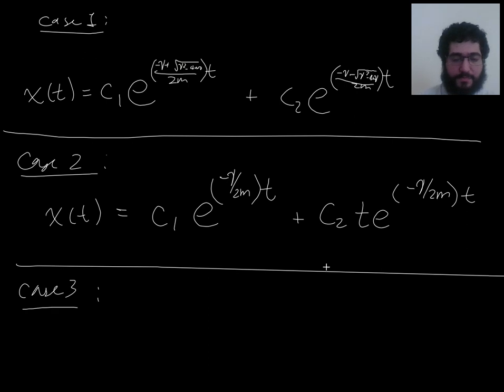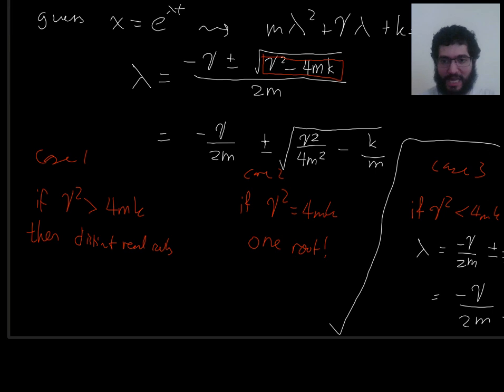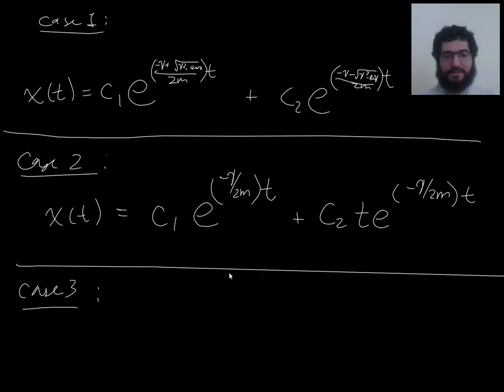Okay, and then we'll look at case 3 in a moment. But clearly what you're going to have in case 3 is some oscillation happening, right? Because of the complex roots. That's what always happens. Okay, so what's going on in case 1? Without even plotting anything, I do have a way of interpreting what's going on, which is I have an exponential, and I know what exponentials look like.